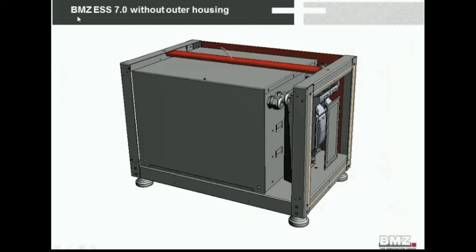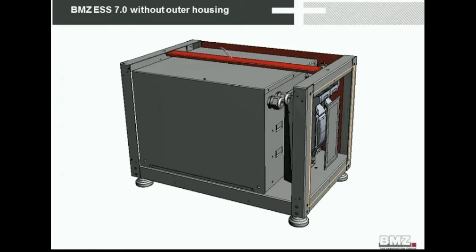When we look at a BMZ ESS without the outer housing, we see an inner housing. I know, boring. Why I show you this is I want to make sure you understand you have two separate metal housings, which is a unique selling point as well.